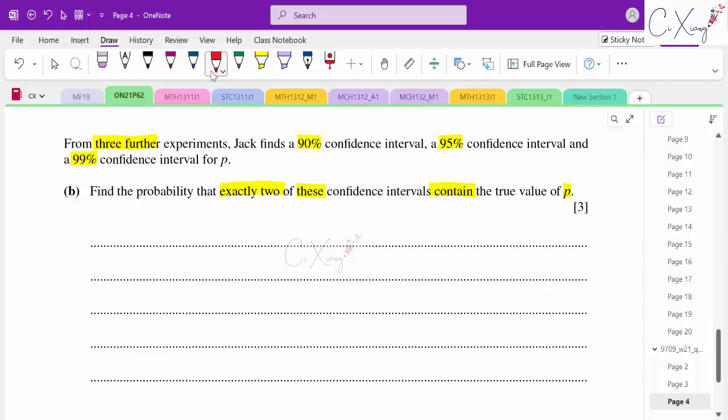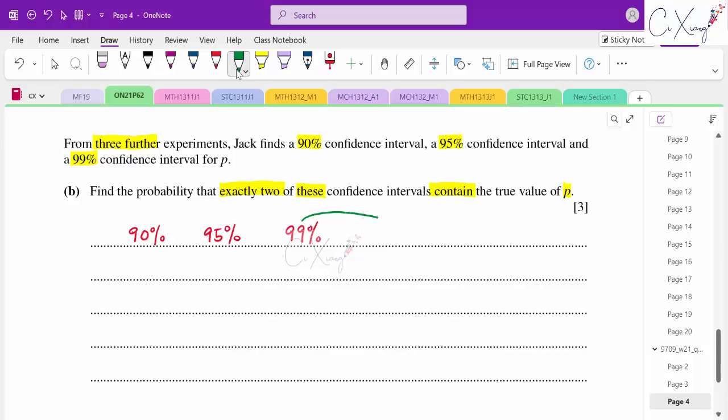Let's have a look at all these percentages here: 90% confidence interval, 95% confidence interval, and also 99% confidence interval. A lot of students just know how to find the confidence interval by substituting the details into the formula and getting an answer. But what's the meaning behind it?